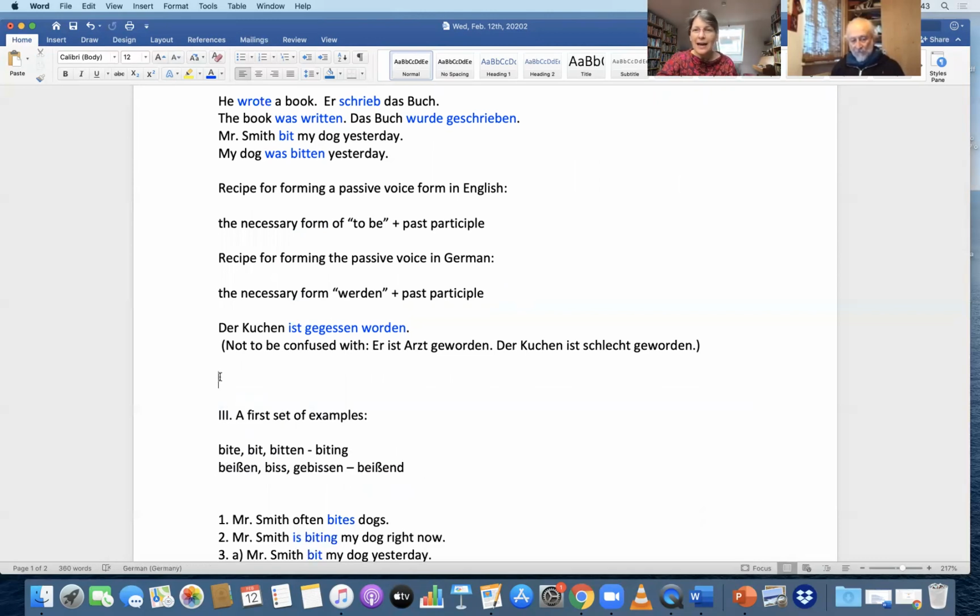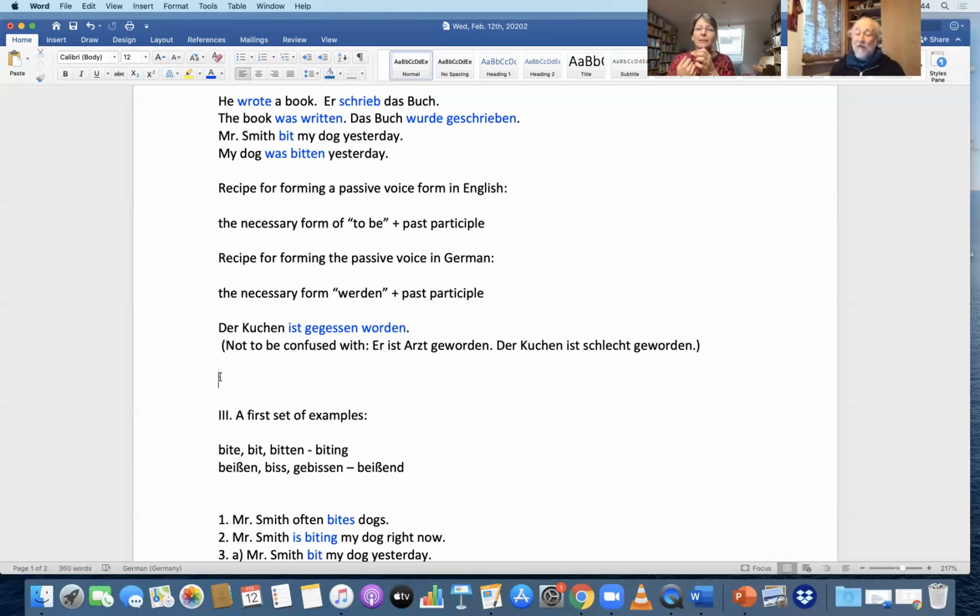Now, should I add a side note on participles? Yes, please. Participle comes from a Latin word which means to share or to take part in.